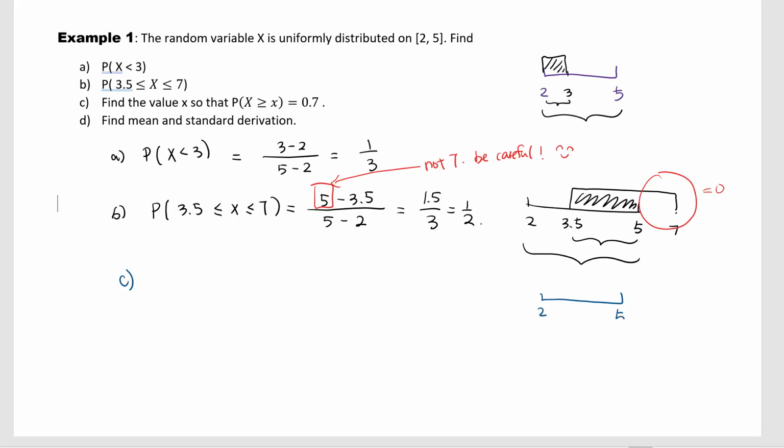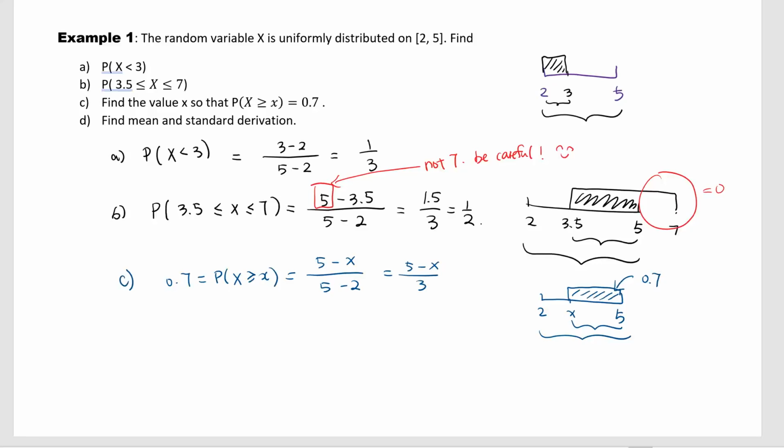Okay, C, same thing. We have 2 to 5, that's our interval. We want to find the x value such that the probability of X greater than or equal to x is 0.7. That is the numerator 5 minus x over the denominator 5 minus 2, so 5 minus x over 3, and that is 0.7.